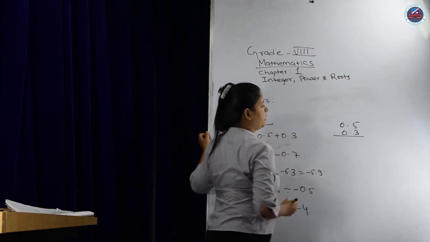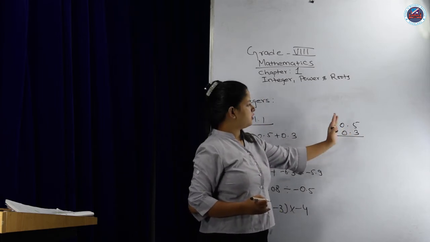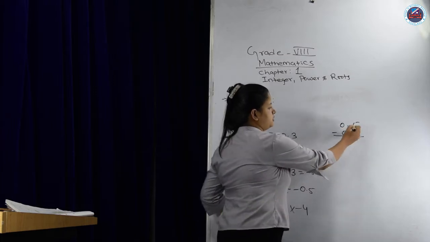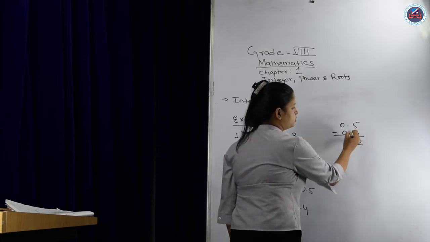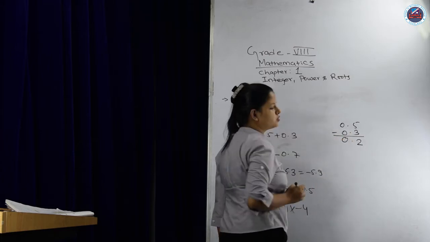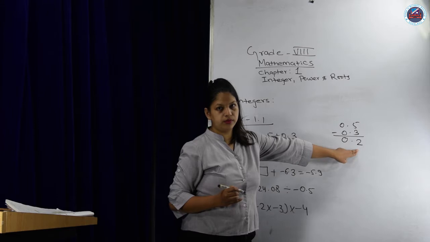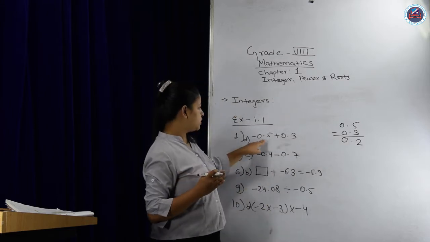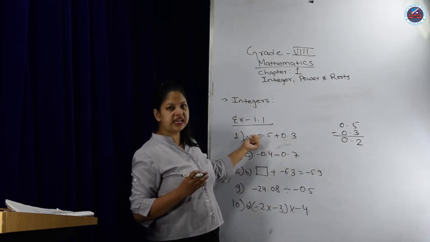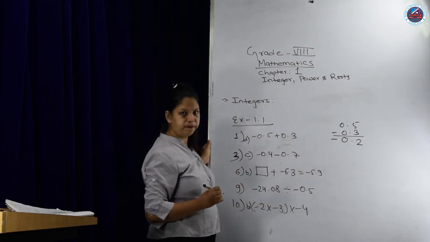When you are subtracting, always put the point in the proper place and start from this side. 5 minus 3 will give you 2. The point will remain in its own place and 0 minus 0 gives 0. So your answer is 0.2. But then check the sign. Which one is greater among them? This one, and it has a negative sign. That's why you have to put minus here.